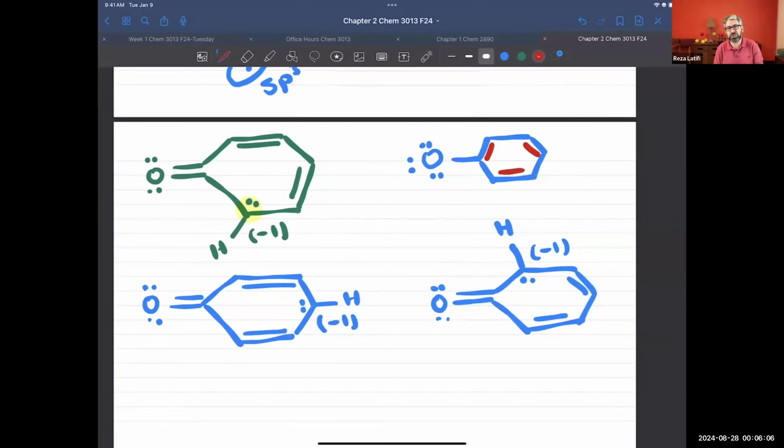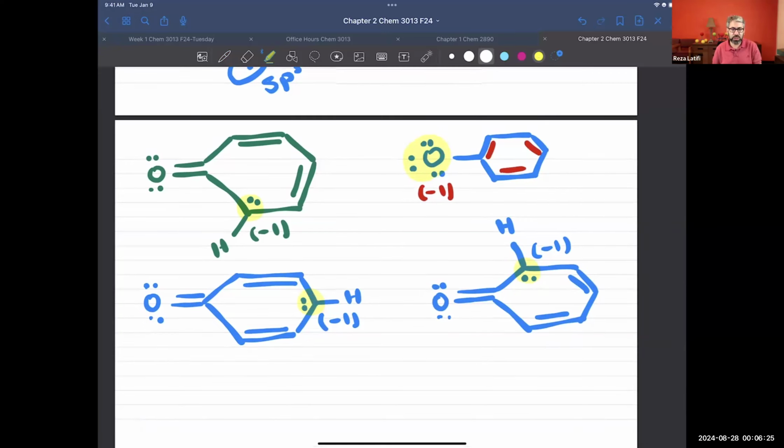This one was our starting point. Oxygen used to be -1. I can have 4 resonance structures. I managed to take the negative charge that used to be on oxygen and put it on a carbon, then the second carbon, and next the third carbon. So I got 4 resonance structures.